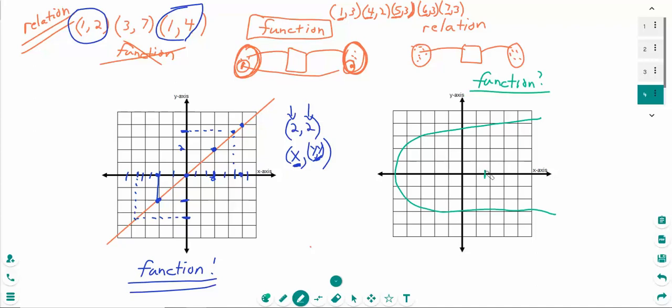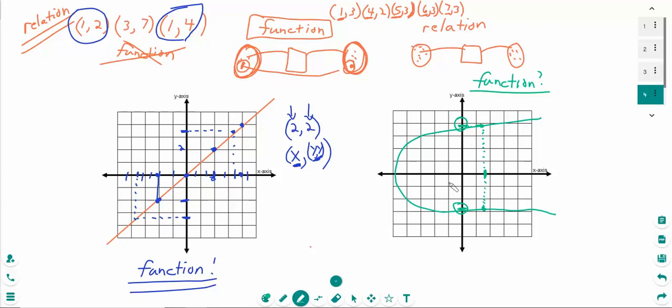Let's say I pick right here. If I follow this x coordinate up, I intersect the line right here. So this right here is my y coordinate. However, if I follow this x coordinate down, I also have another intersection point right here. So there's another y coordinate right here. So you see, I have actually two y coordinates for this given x.